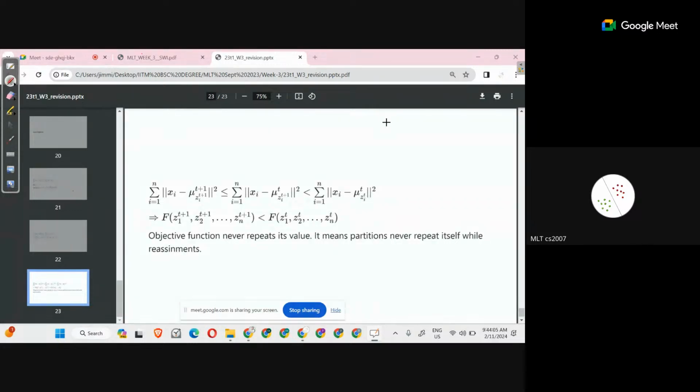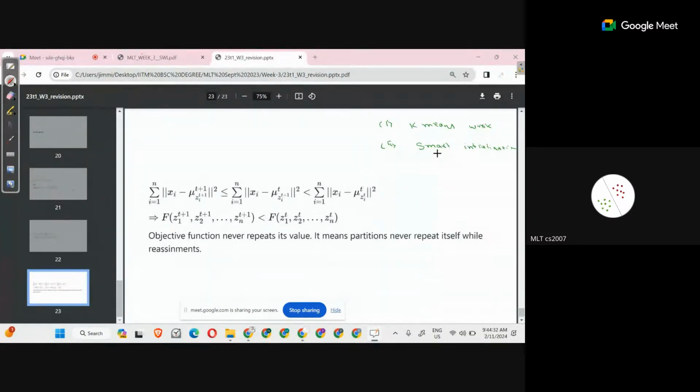Three parts: how k-means works. Then we learned smart initialization, which was k-means plus plus, used to avoid local optima cases or reduce our number of steps.